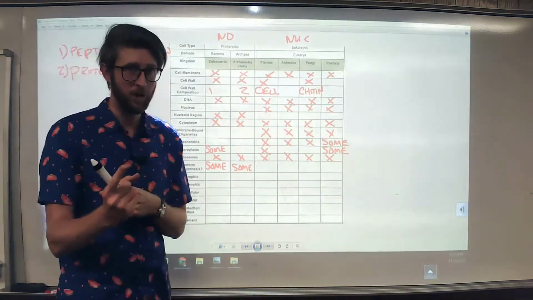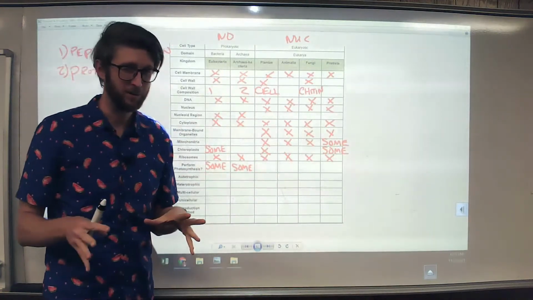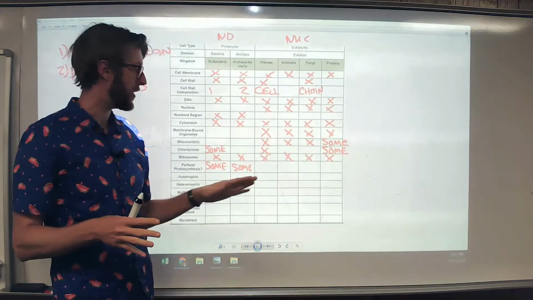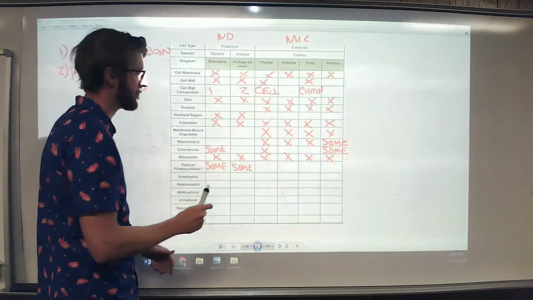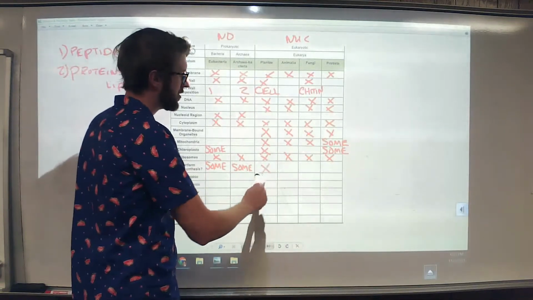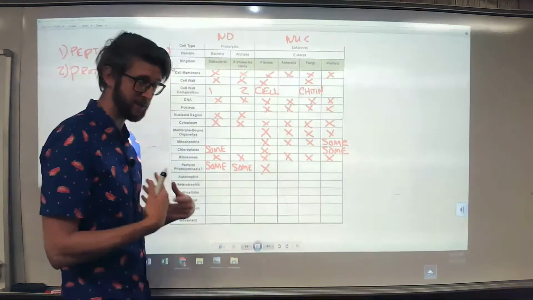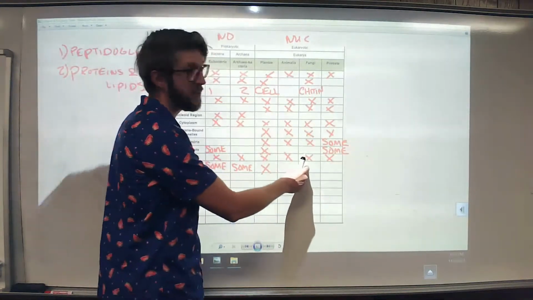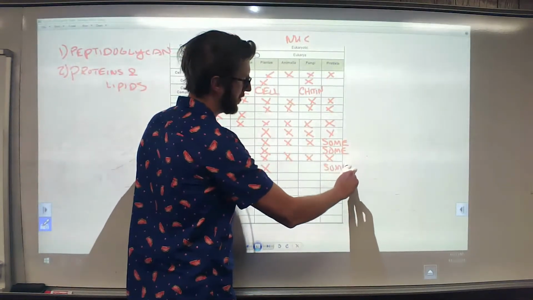Turns out there is one kind of Archaea bacteria that does photosynthesis. So I used to leave that blank, but now I put some because there is one type that does that. All plants do photosynthesis, of course. Animals, of course, do not. That's like us. We don't do photosynthesis. Neither do fungi. And some protists do photosynthesis.